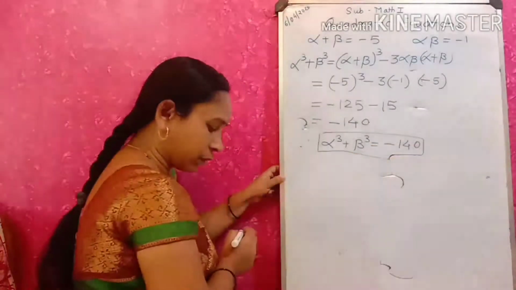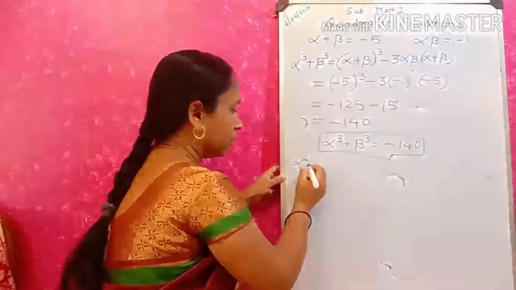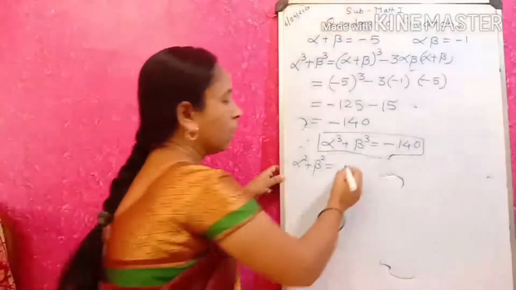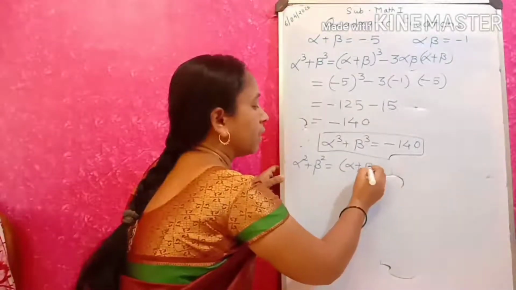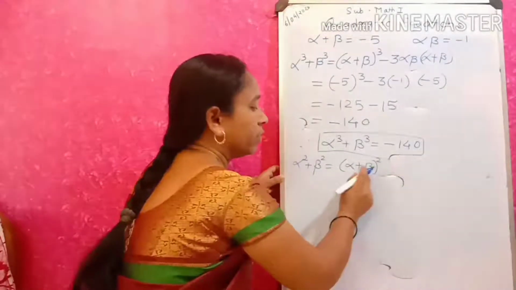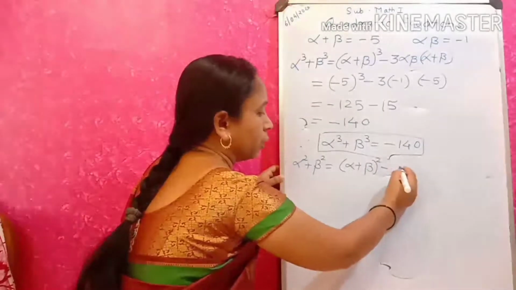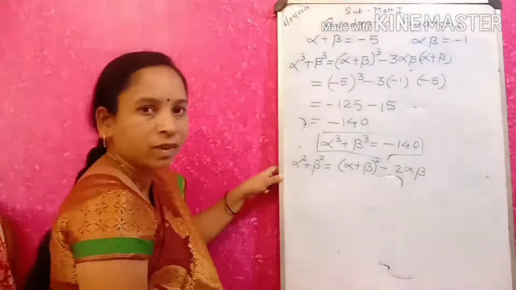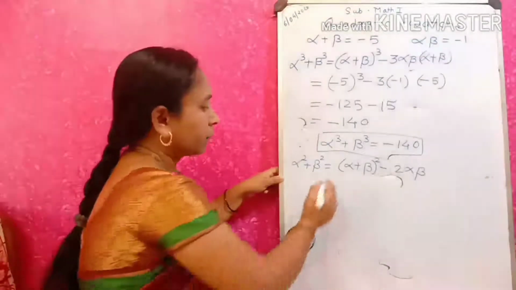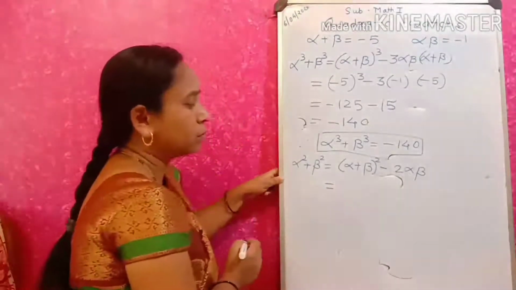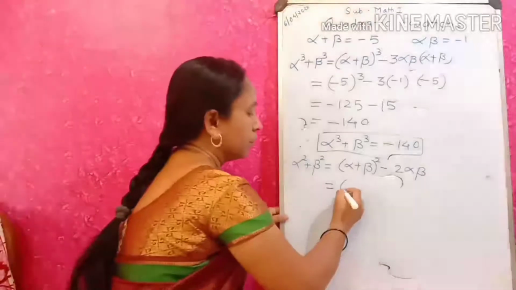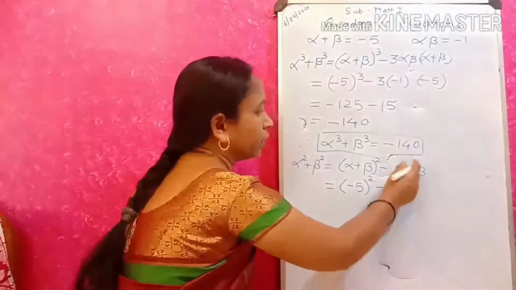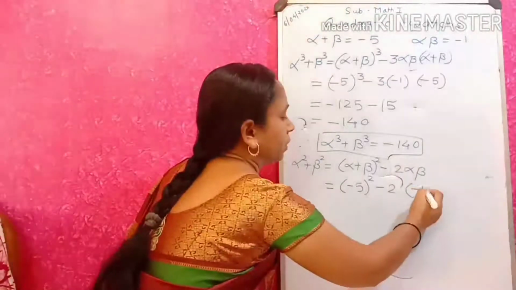Now the next one, alpha square plus beta square is equal to (alpha plus beta) bracket square minus 2 into alpha into beta. These identities we have studied in 9th standard. Now alpha plus beta is minus 5, bracket square minus 2 into alpha into beta, which is minus 1.